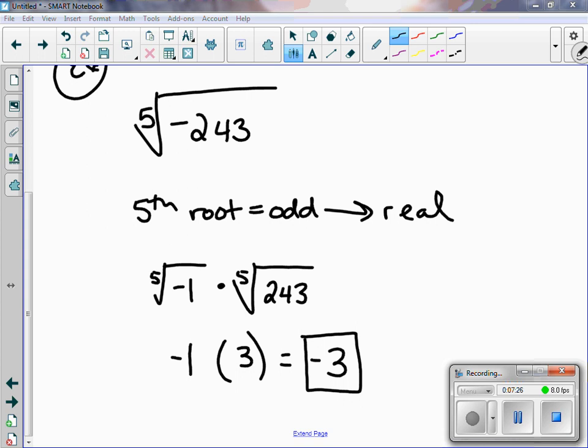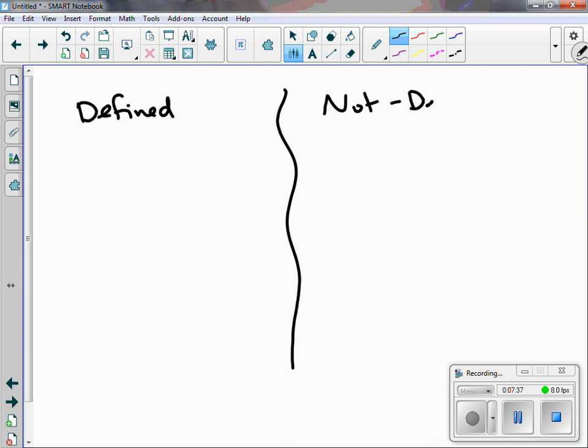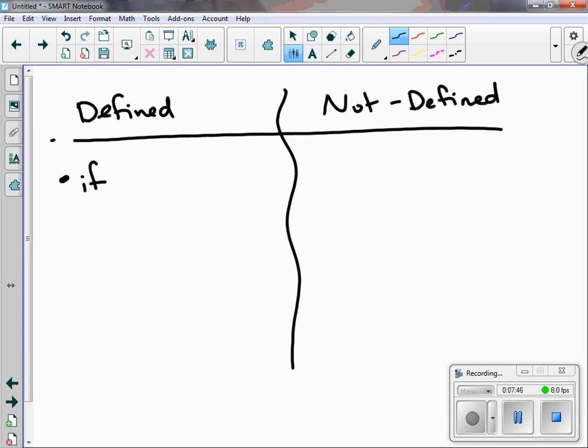One more thing, and that's whether it's defined or not defined. Under the defined category, it's defined if n is odd, and we're talking about n radical sign x. It's also defined if n is 2.